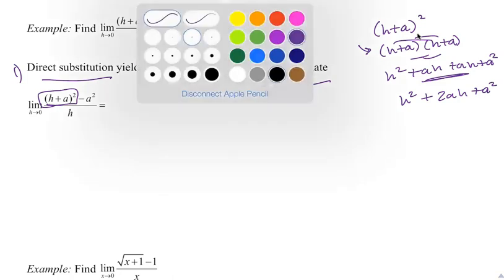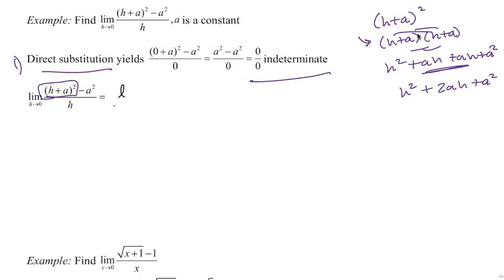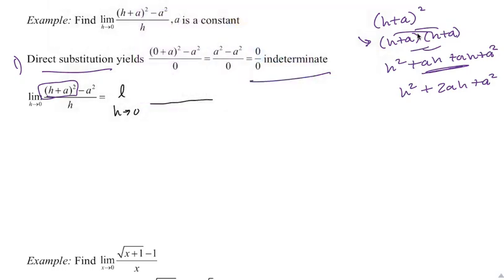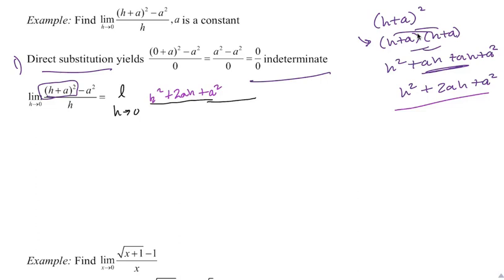So let's rewrite this equation. This equals the limit as h approaches 0 of h squared plus 2ah plus a squared, and that is all of this part. I still have the minus a squared, and on the bottom I have h. Now we gotta simplify a little bit more, right?